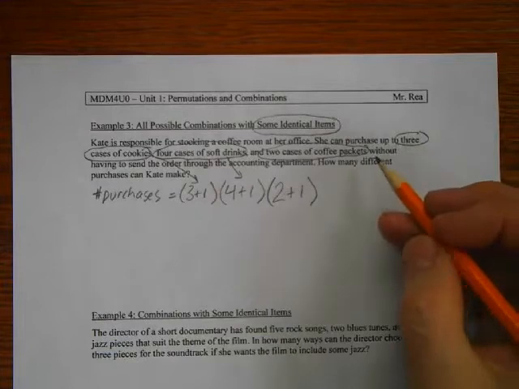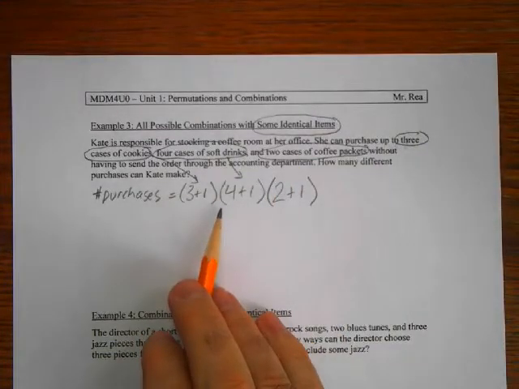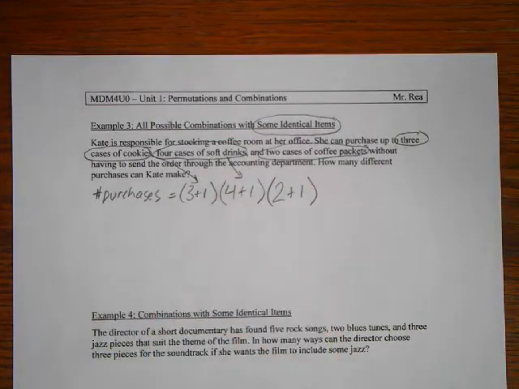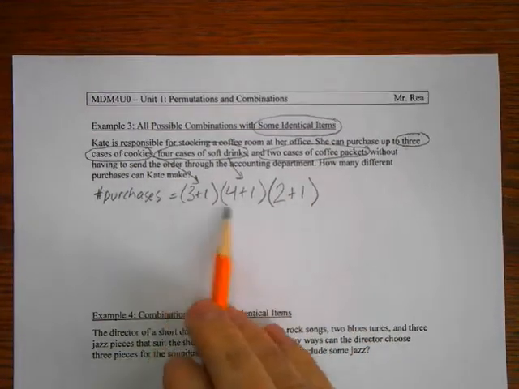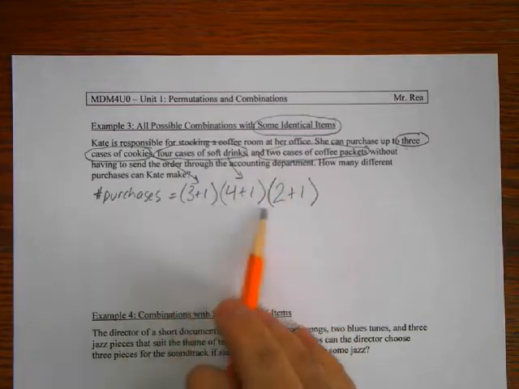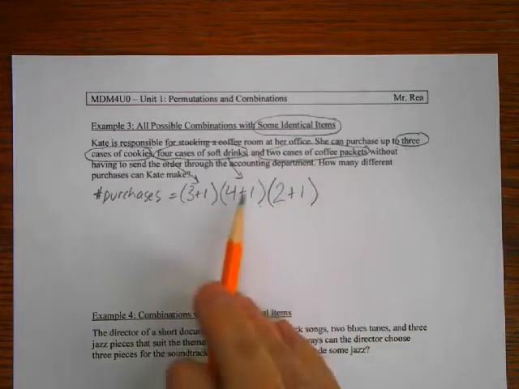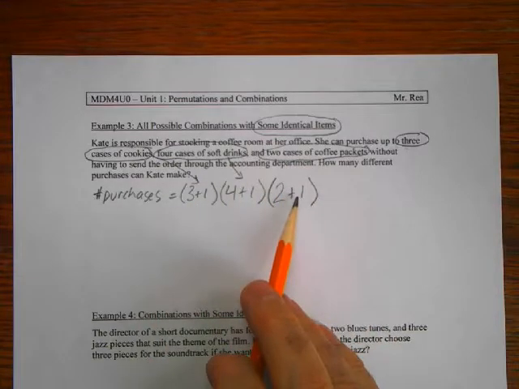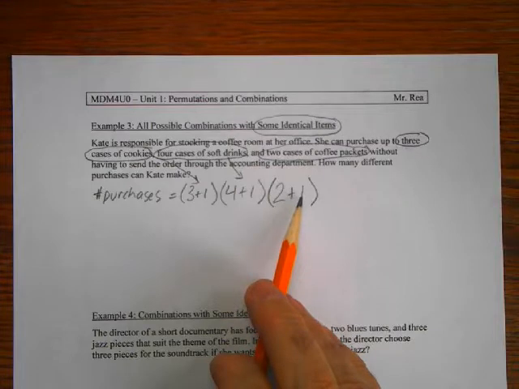Now, if you think back to what we just did with 2 to the power n, this will also include one option, just like the other examples did. If we multiply these together, one of those purchases would be a purchase of nothing.